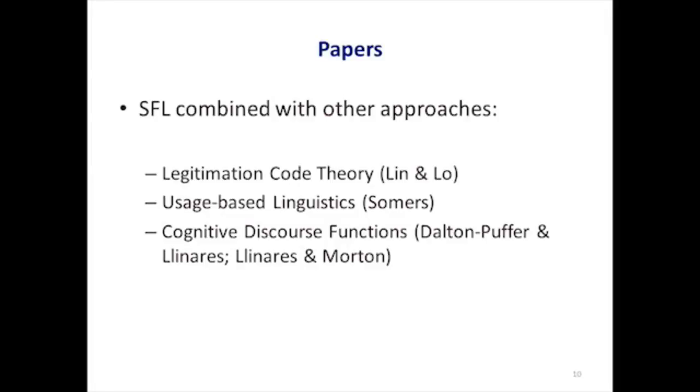But not only systemic functional linguistics, we think it's interesting to look for ways in which different models that are compatible somehow can be combined to get a better understanding of what we want to achieve, which is to better understand how content and language integrated learning happens more successfully. And we have, for example, Angel Lin and Yuen Yi Lo, who will make use of legitimation code theory, which is very related to systemic functional linguistics.